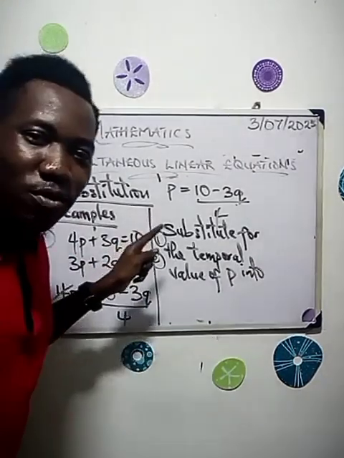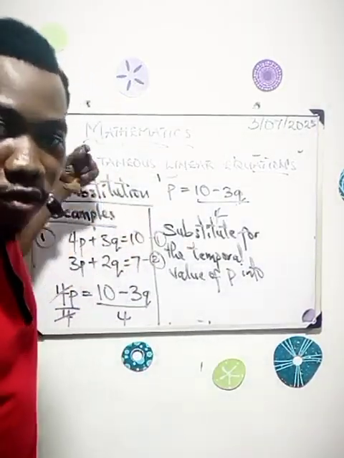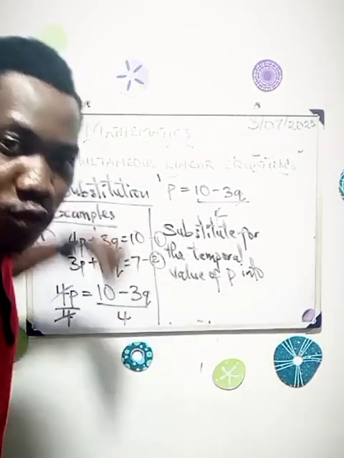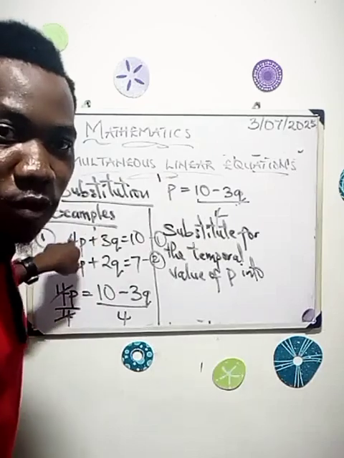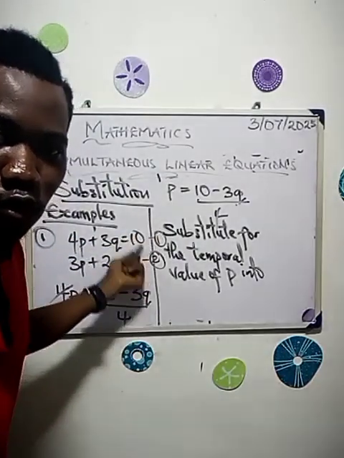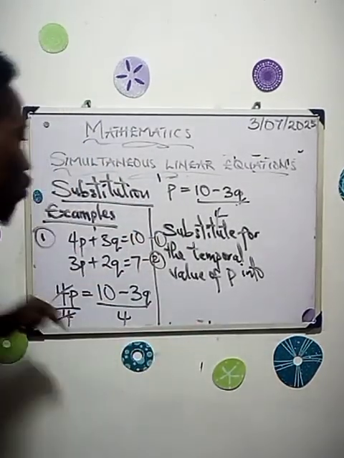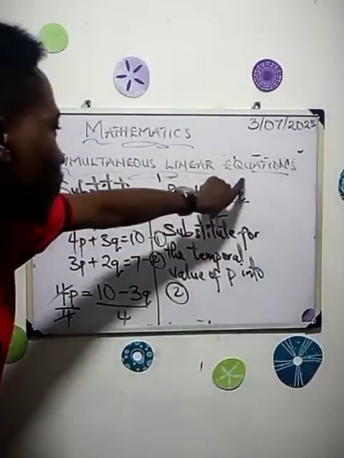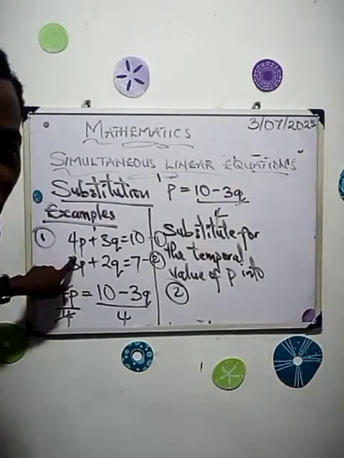Again, if you started with equation 1, you are substituting into equation 2. If you started with equation 2, you are substituting into equation 1. So we started with equation 1, now we're going to substitute it into equation 2. Let's put this value into equation 2.